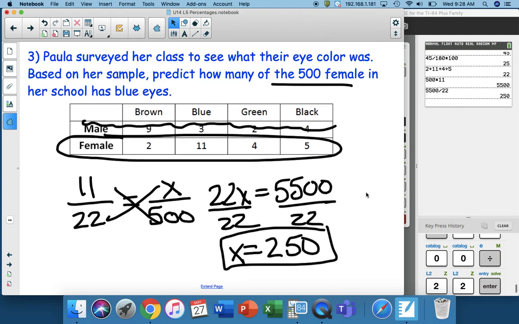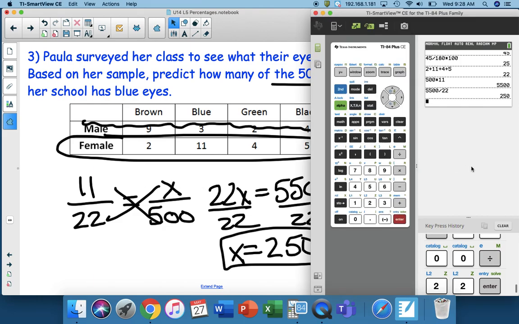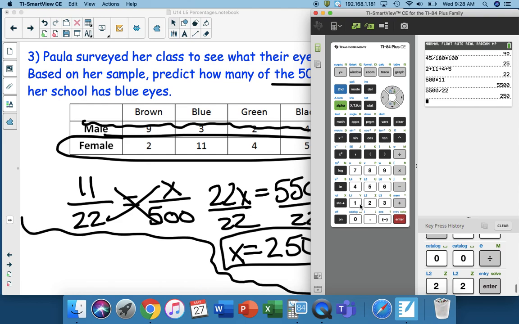Or you can say, what's the percentage of 11 over 22? That's a different way to do it. 11 divided by 22 times 100 is 50%.